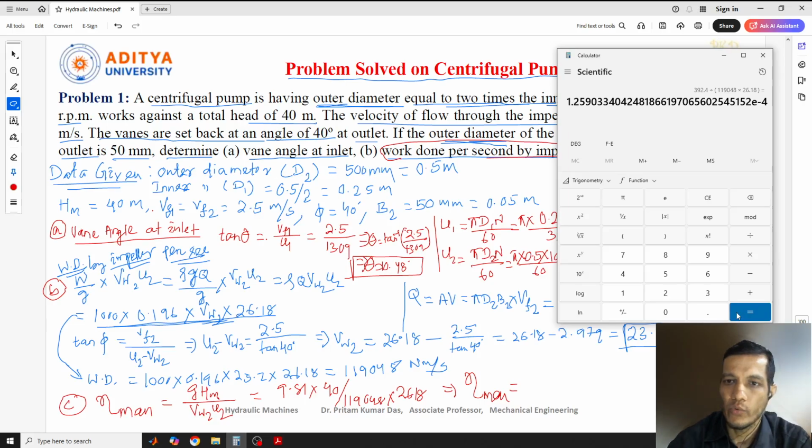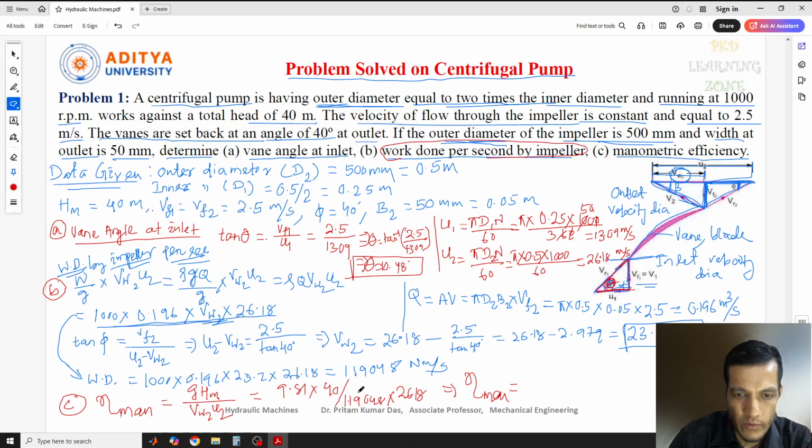We got 1.259 into 10 to the minus something. Okay, here Vw2, this is not, this is the work done actually. I have written the work done value here, sorry. We need to write 23.2 actually. So I have written the work done value here, that's why it came differently.